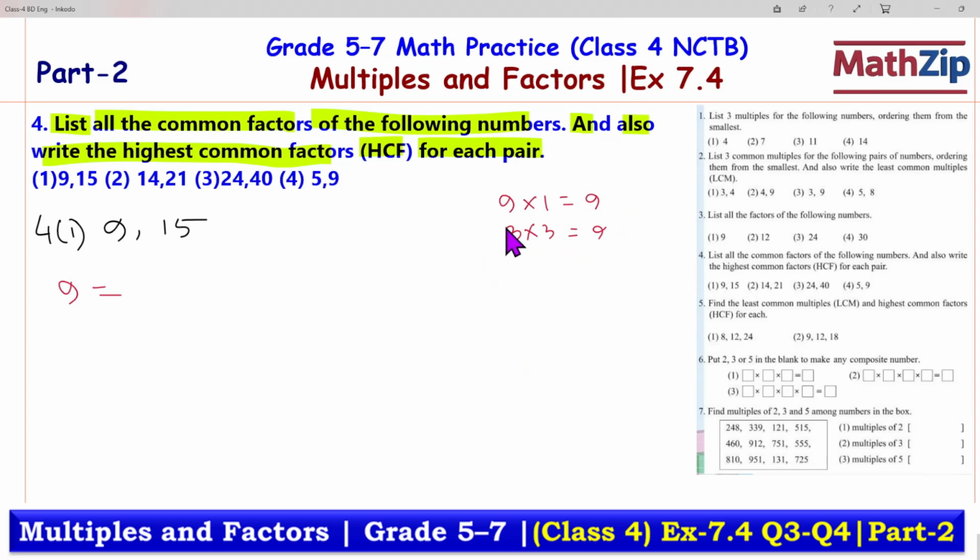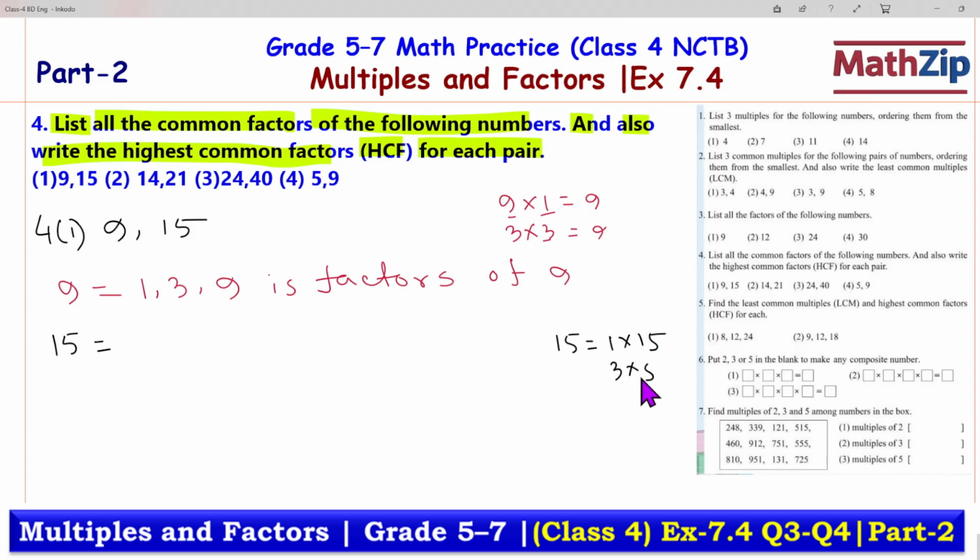So 1, 3, 9 are the factors of 9. Then 15. 15 we can write as 1 times 15, then 3 times 5. So here are 1, 3, 5, 15. These are the factors of 15.